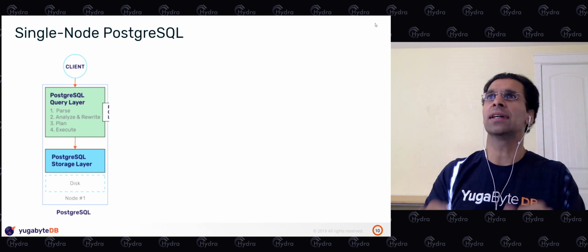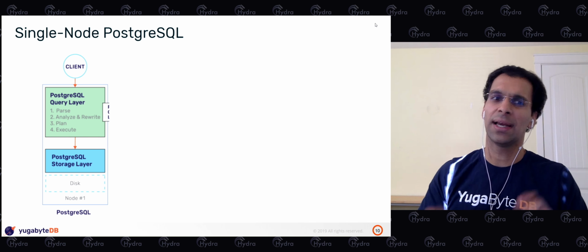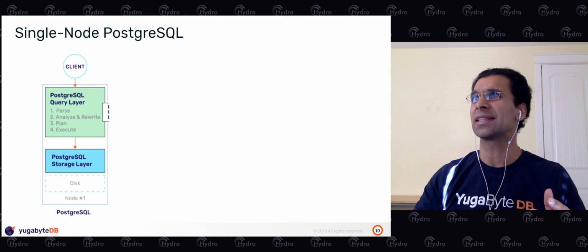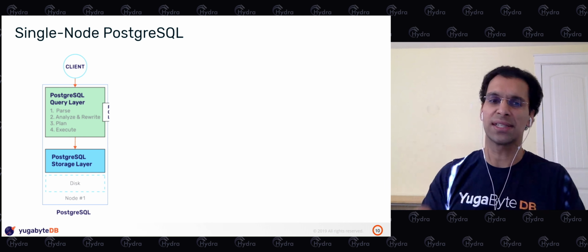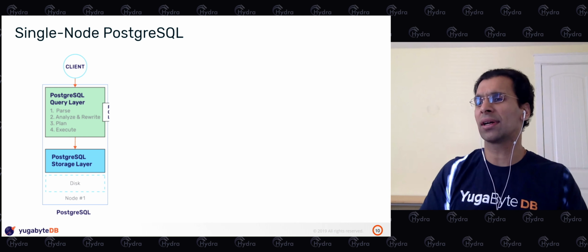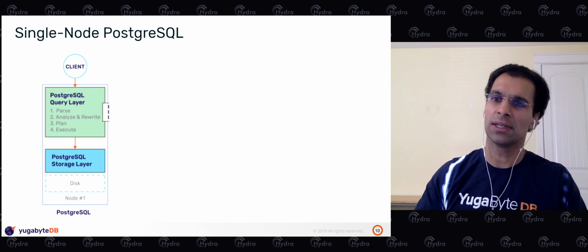That is all the RDBMS feature portion of PostgreSQL. And you have a lower storage layer, which takes care of storing data on a single node. This covers the write-ahead log component, the background flusher, vacuuming, and so on.